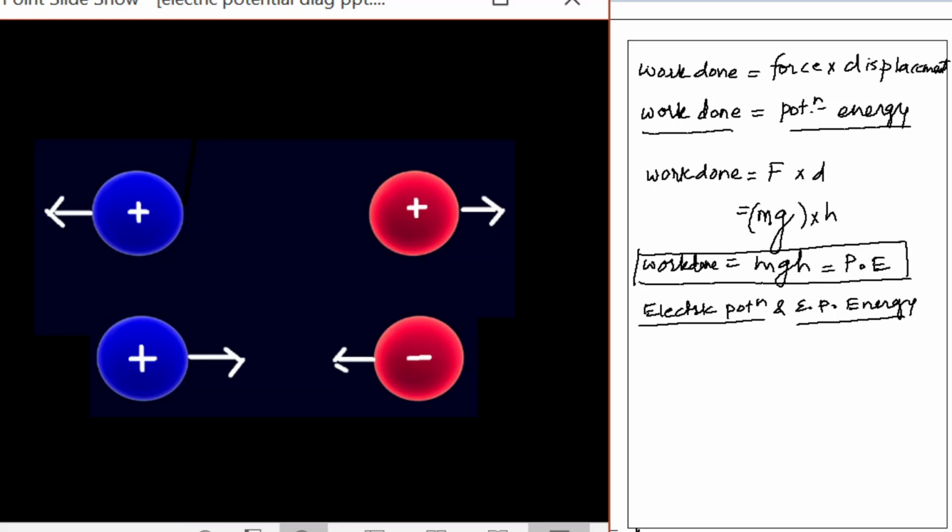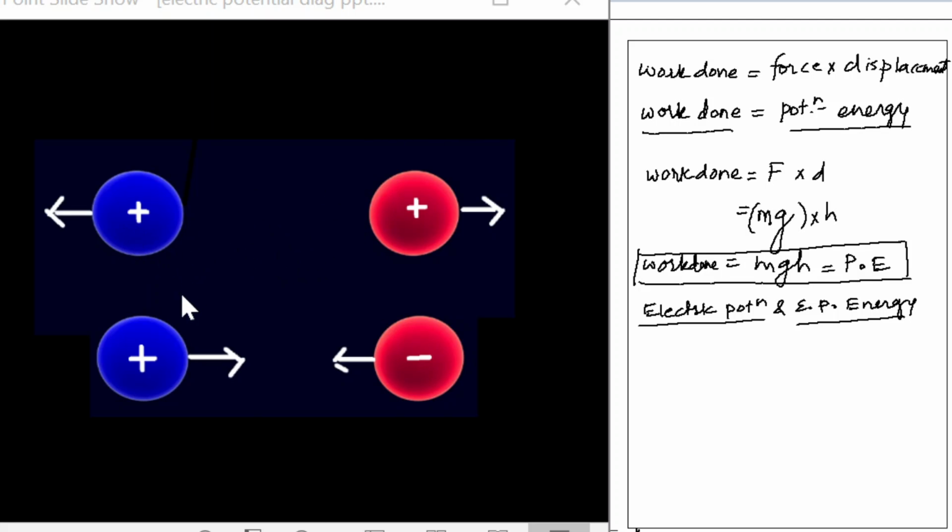Okay, so again to understand this we will see a simple diagram. Let us consider two different charges or two similar charges. When two charges are kept near to each other, if they are similar in nature, positive and positive, then a repulsive force will be there.